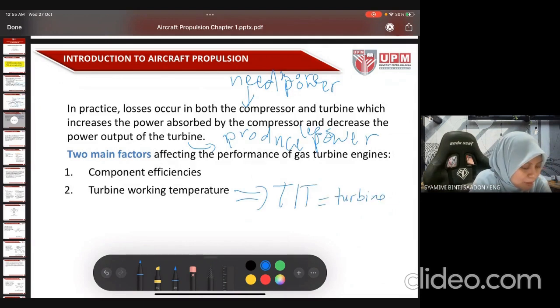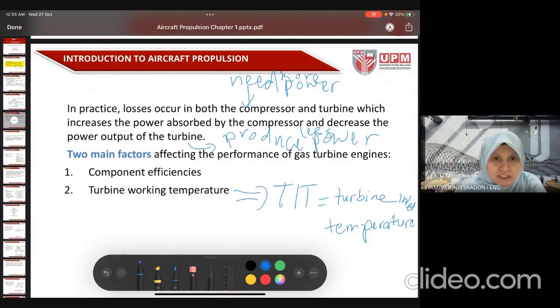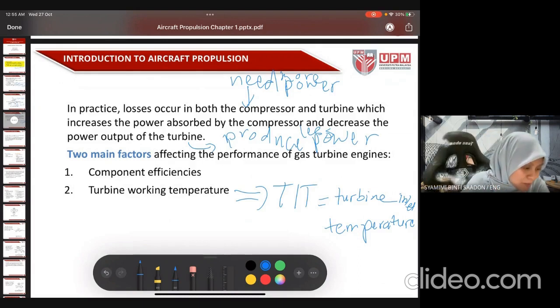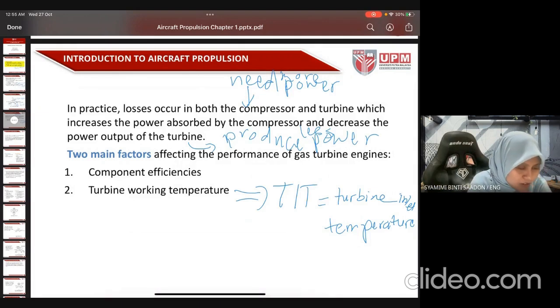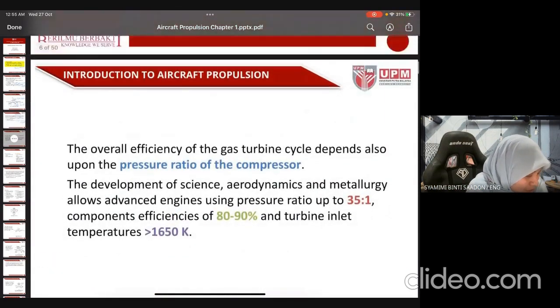Because the turbine inlet temperature normally is the maximum temperature of the fluid, the air inside the gas turbine engine, the maximum temperature that the turbine blades can withstand.